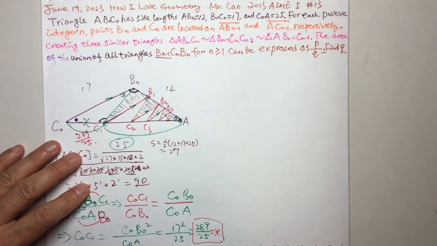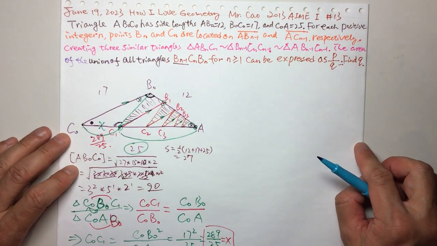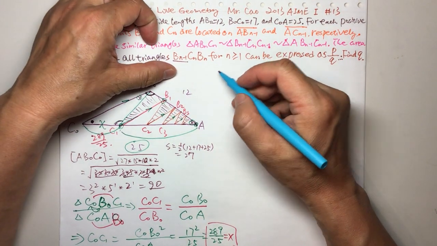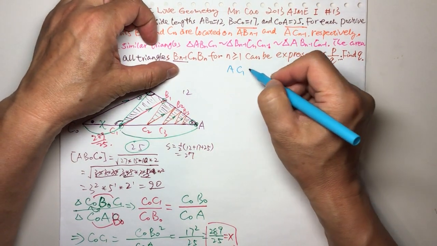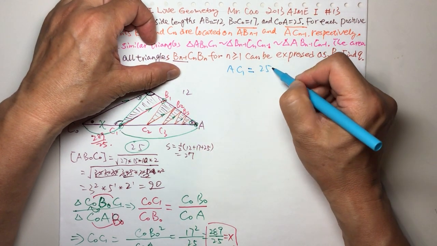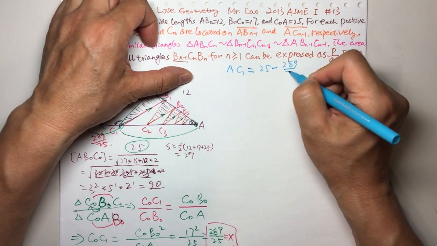Then we should go ahead to the next. We have a lot of calculations here. So next step we get AC1. AC1 equals the total 25 minus this x, 289 over 25.